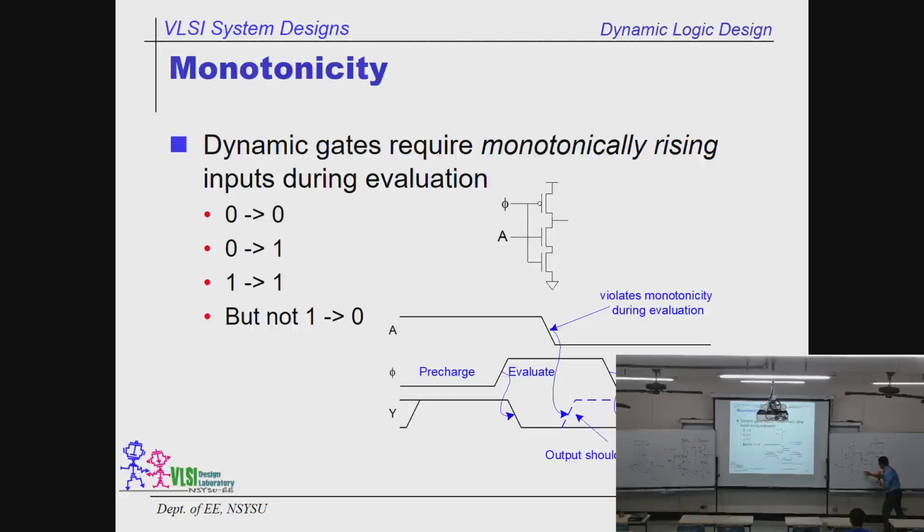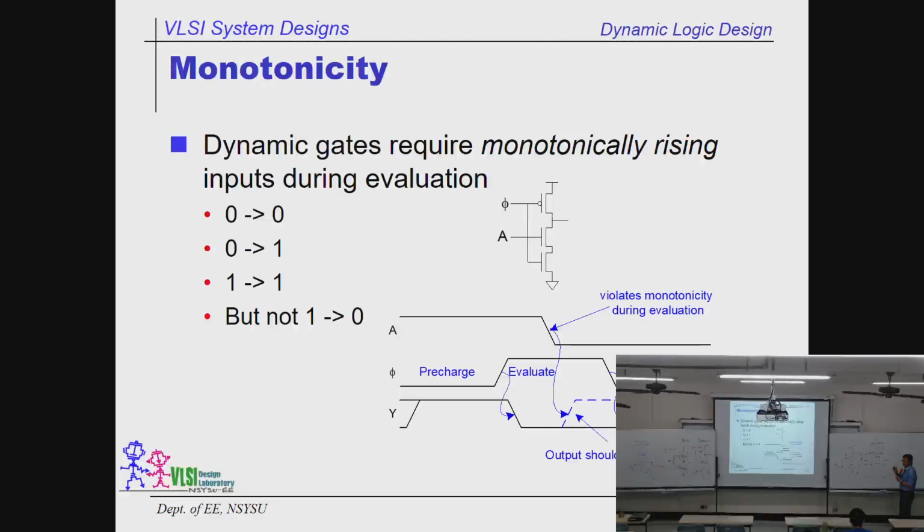If A is still the same, no issue, because if A is all high, then it's ready before this one, so this is high, then it will be pulled down. This is good. Now the second is that A is always 0. So the output will be all kept high, no issue, no problem at all.